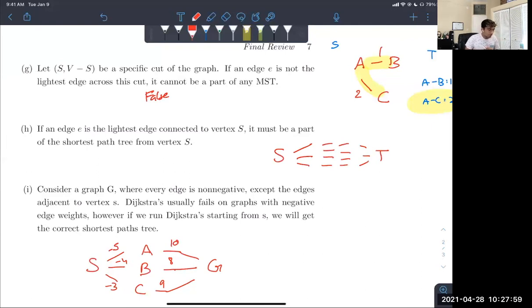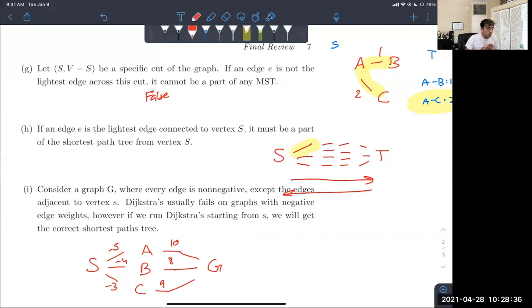The thing is that, let's say that this edge right here is part of the shortest path to get from S to T. I'm going to draw an arrow to show that. And that edge would actually go both ways because, assuming it's undirected, we would want to find the same if it's included when we want to go the other way from T to S. And if we tried to use a larger weight, it would still have the same effect where that edge would not be part of the shortest path tree.